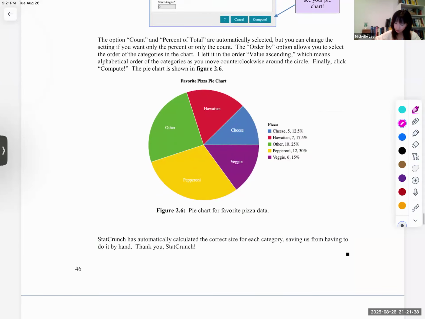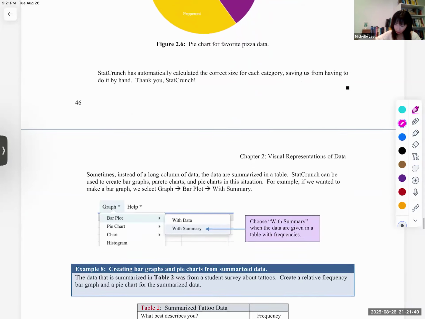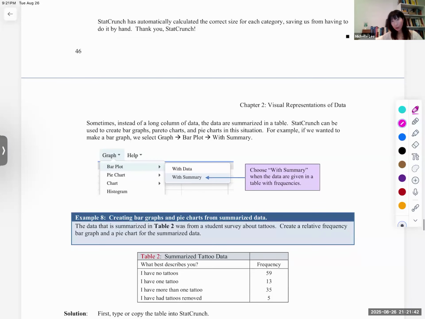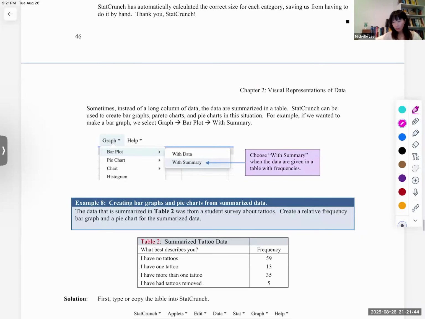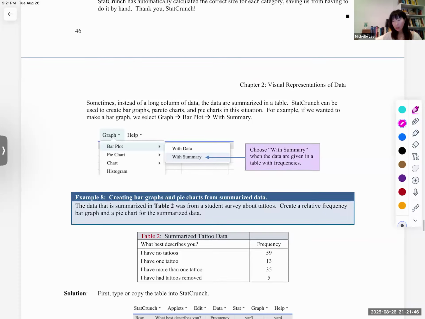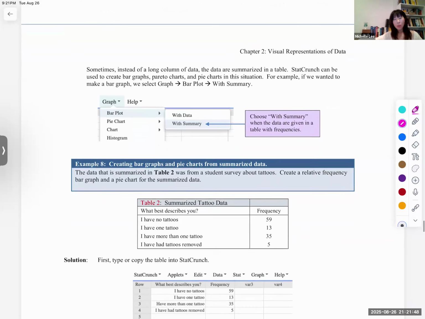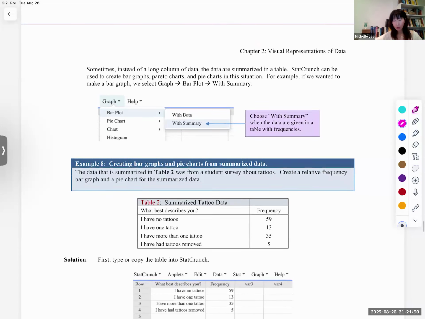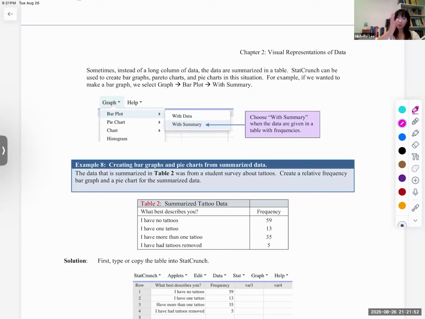Okay, pie chart. All right, now the textbook indicates what if we have a summary, right? Normally we have all the data and then we just input the data into StatCrunch. But in that case, we have a frequency already.